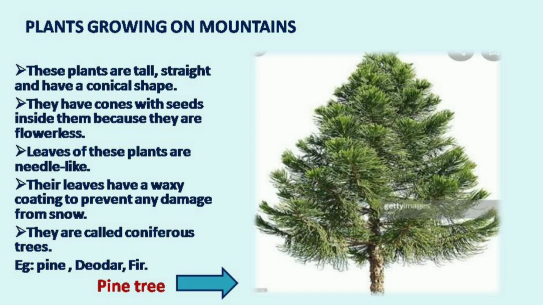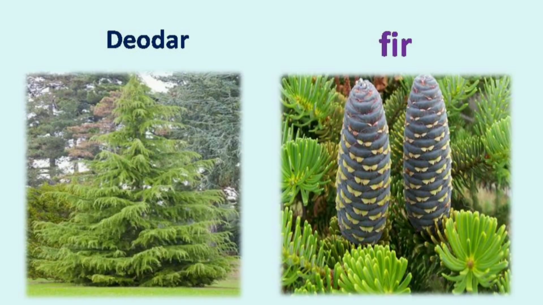They have cones with seeds inside them because they are flowerless. Leaves of these plants are needle-like. Their leaves have a waxy coating to prevent any damage from snow. They are called coniferous trees. Example: pine, deodar, and fir.